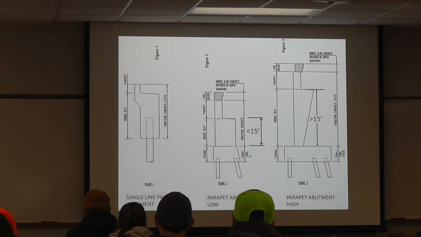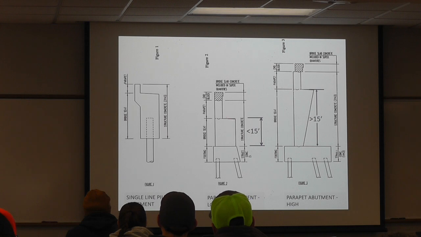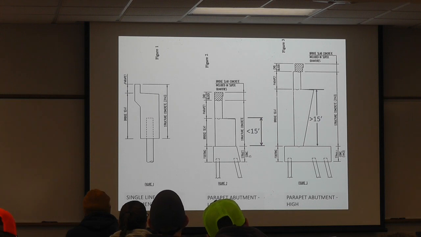If this stem height, from where the beam sits to the top of the footing, is less than 15 feet, it's called a low abutment, and it's a parapet abutment. There's going to be an end block up here with a joint. If it's a high abutment, it would be things that are greater than 15 feet in this location.